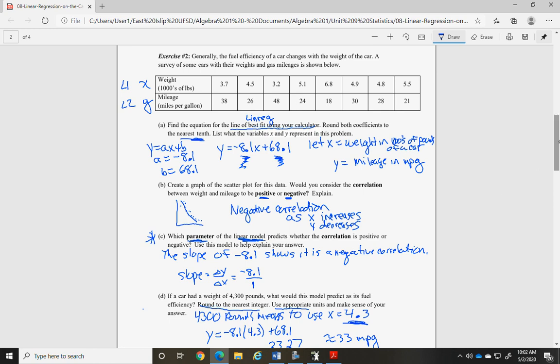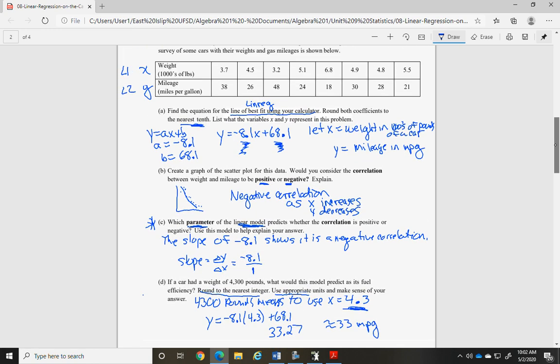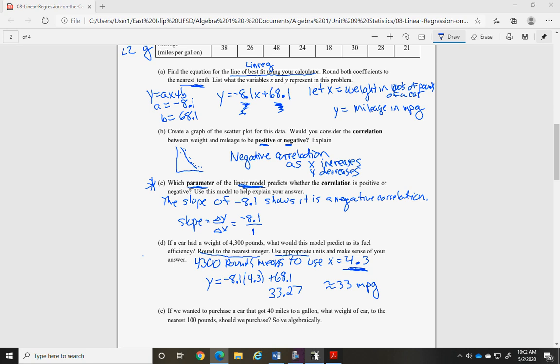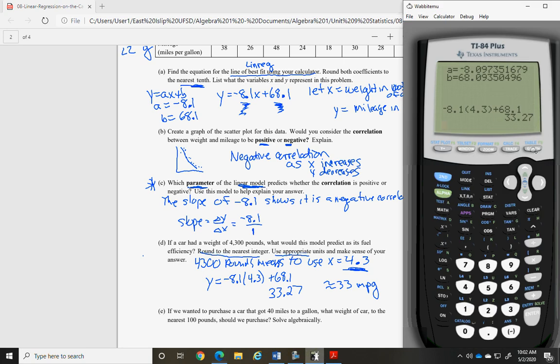So I guess 33 could make sense. Okay, it seems like maybe it's a little bit high, but you could even take a look at our scatter plot. You can see that maybe it's not a perfectly straight line. So maybe our linear equation isn't so perfect, but you know what? It's a good enough estimate for now.